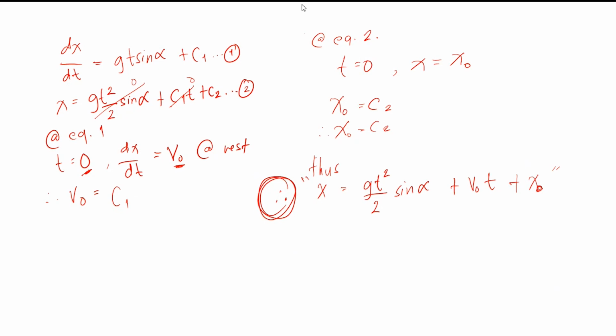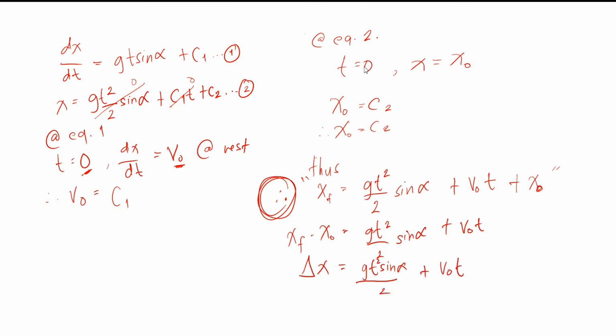Kung natatandaan ninyo from your physics, itong x, treat natin siya as final position. Transpose natin itong x of 0: xf minus x of 0 is equal to g t squared over 2 sin alpha plus the initial velocity times time. This is change in x equals g t squared sin alpha over 2 plus the initial velocity times time.